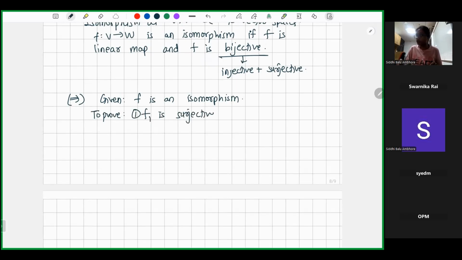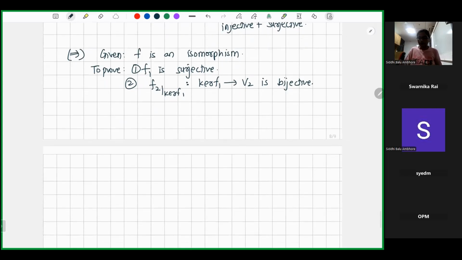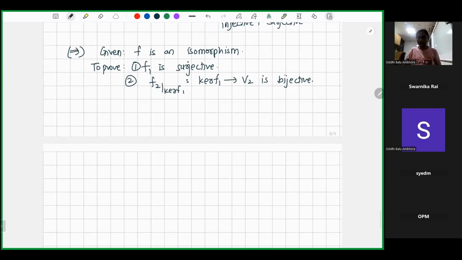F1 is surjective, and the second condition I need to prove is that F2 restricted to the kernel of F1, that is this map, is bijective. These two conditions I need to check. So let us start with the proof.